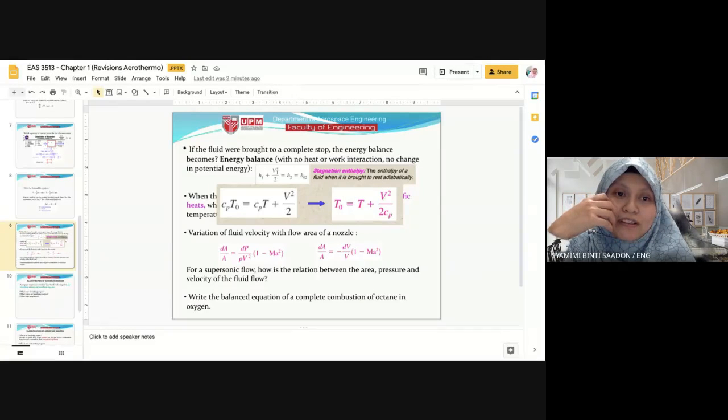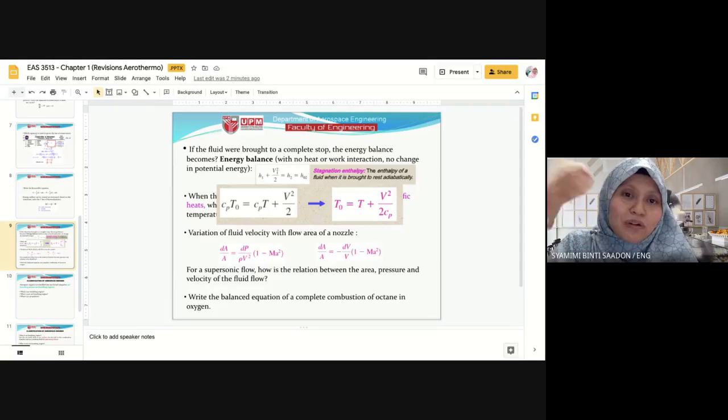But for a normal undergraduate course, we assume Cp constant, 1.004, 1004 joule per kilogram per Kelvin. But in actual situations, if you do research and experiments, we will find that Cp, specific heat, changes with the temperature of the fluid.